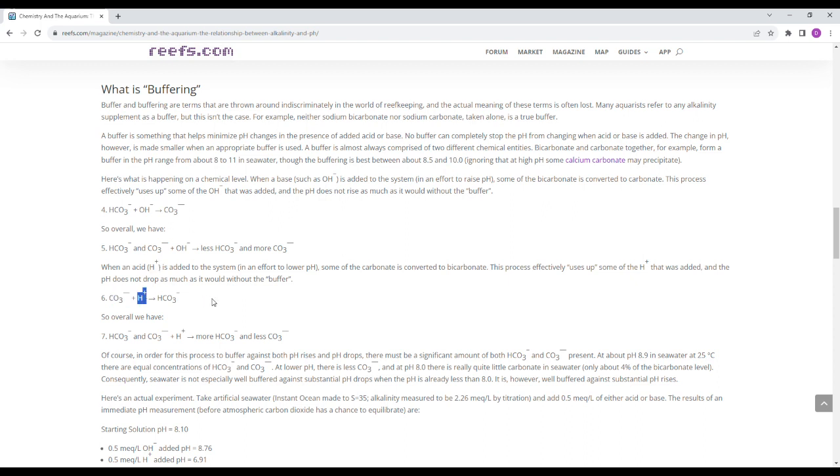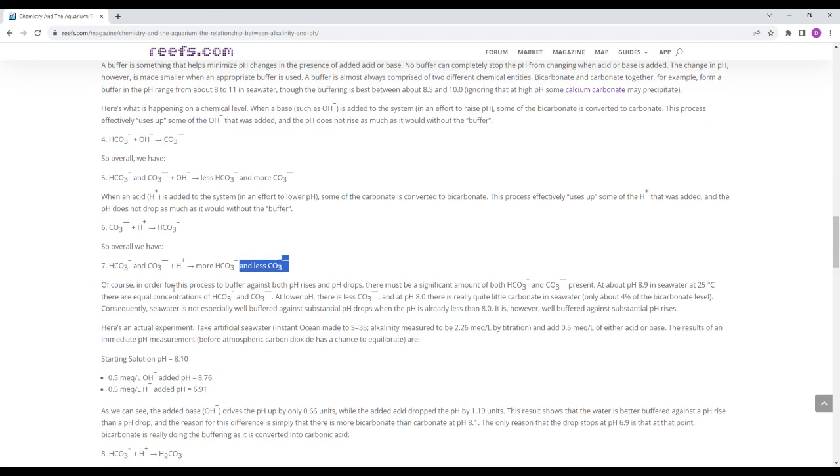Carbonate plus acid equals more bicarbonate. So overall we have bicarbonate and carbonate plus acid, which result in more bicarbonate and less carbonate.